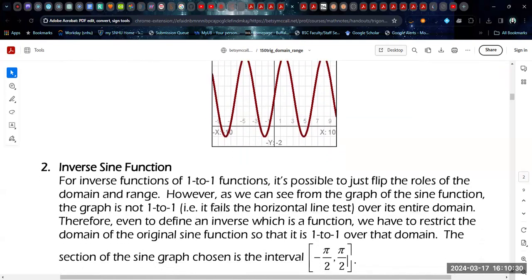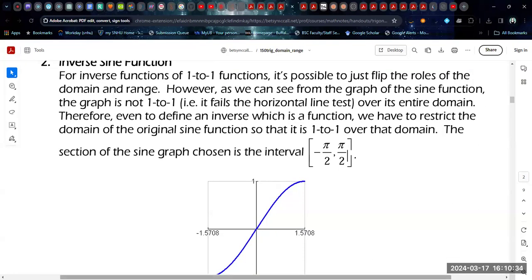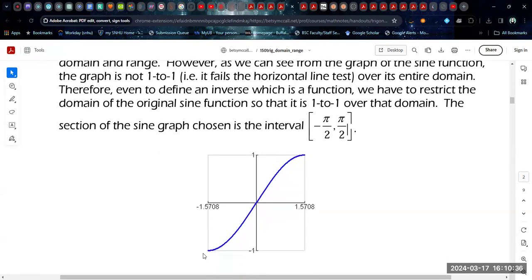Now, if we look at the inverse sine function, then as I noted, the domain has to be restricted to a section of the graph where we go through the entire range of the original sine function. And the place where we do that is between -π/2 and π/2.